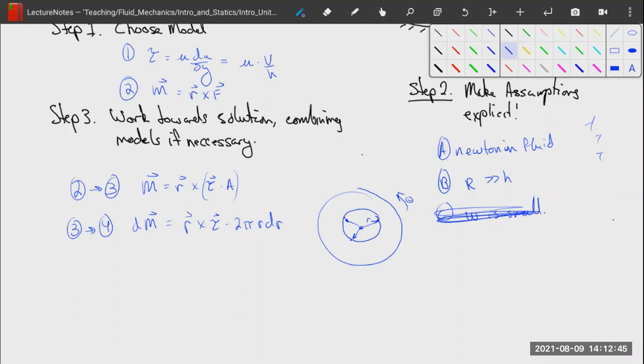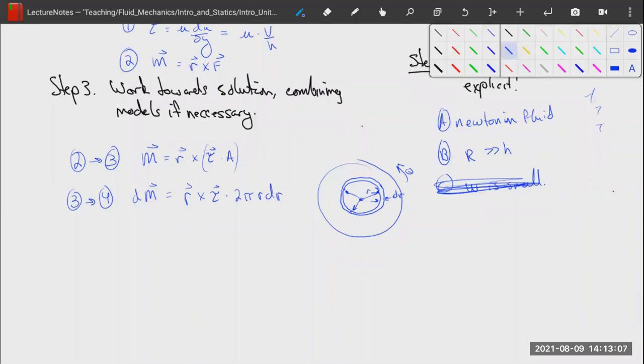And if we want to make that a differential area, we can just make it a little bit thick in this direction, make that a dr. And the area of that strip that goes around is 2 pi r dr. I think this is called ring integration or something like that. You've done it in Calc 2 or 3. I can't remember which one does that.